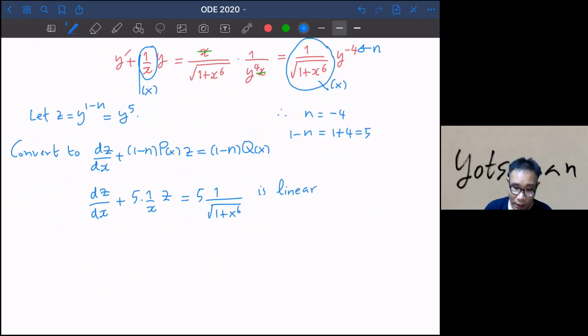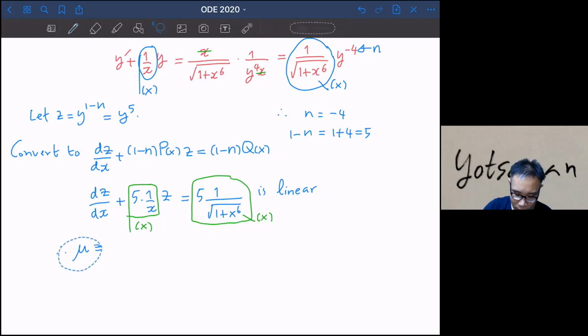And now we're going to identify p(x), which turns out to be just 5 over x, and q(x), which turns out to be this guy.